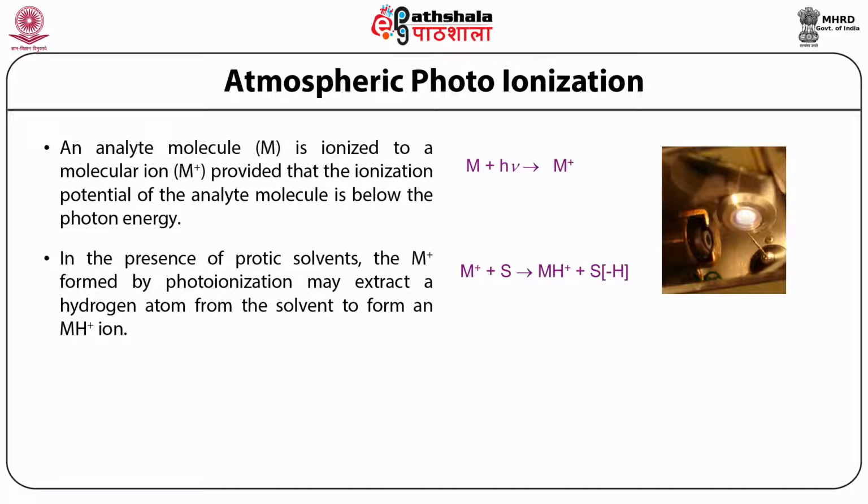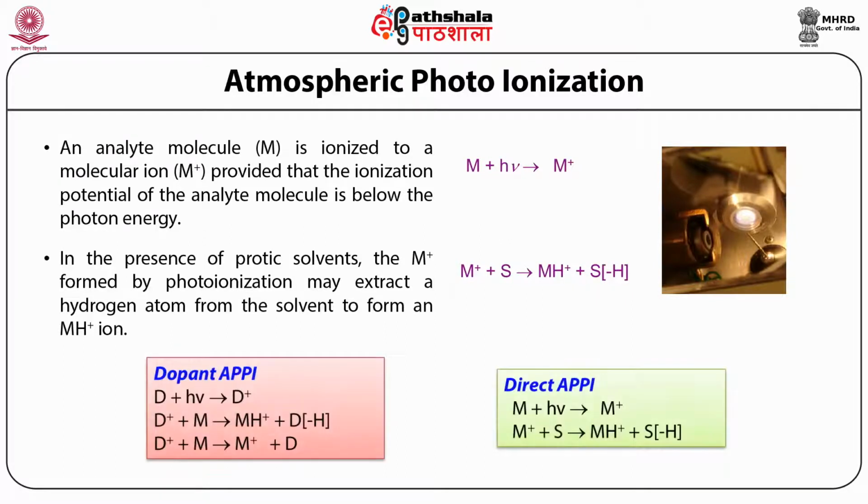This happens in the case of direct APPI, where sometimes dopants are added to enhance this process, where the dopants like toluene or benzene first undergo photoionization, and after that they become the source for formation of the pseudo-molecular ion later. So that's why those dopants are added in the solution to make this possible.